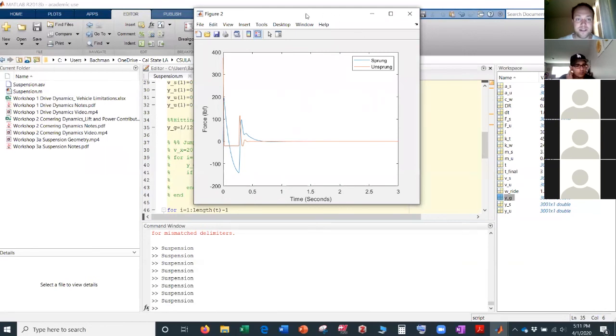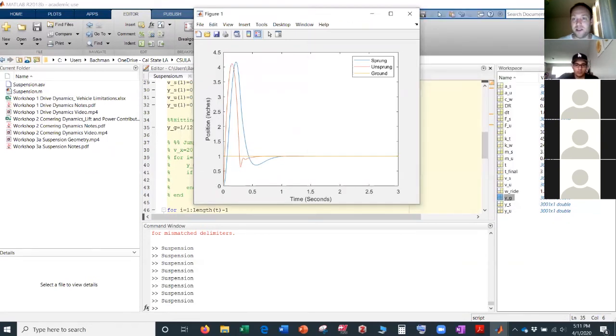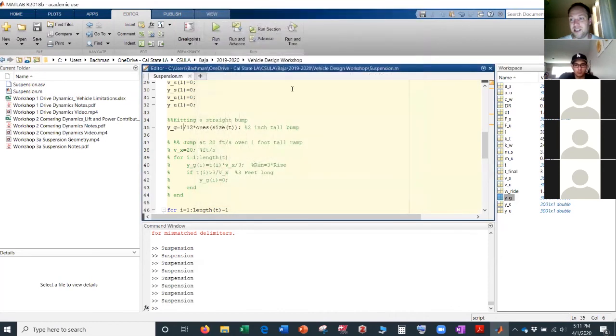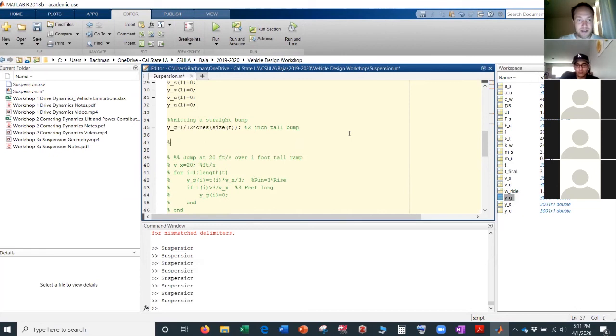So this is the same thing though. Because it's so steep, you'd want to make more of a rounded profile. So let's say hitting a rising bump.